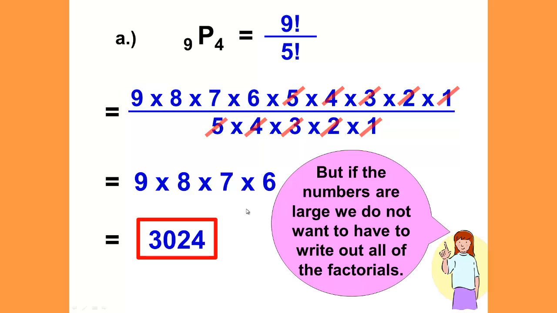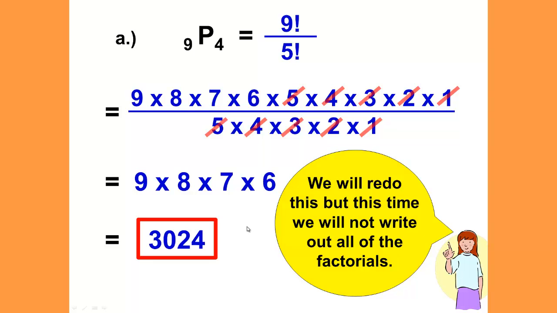But if these numbers are large, we do not want to have to write out all of the factorials. Remember, one of our examples had 100 in it, and we would not want to write out 100 numbers. We will redo this, but this time we will not write out all of the factorials.